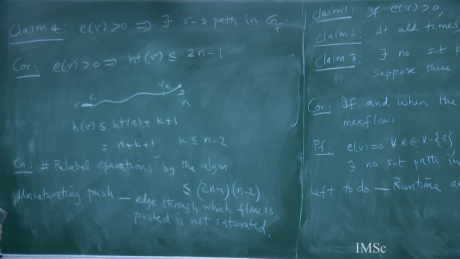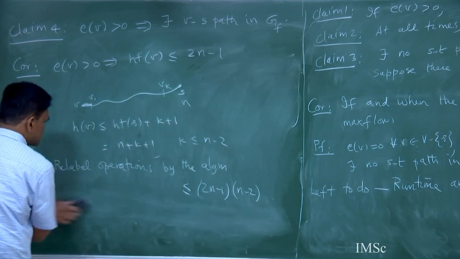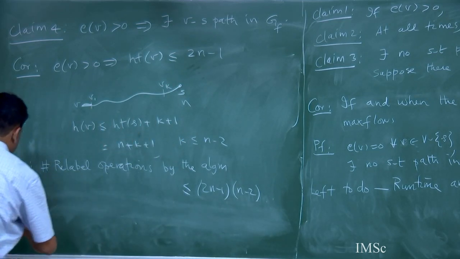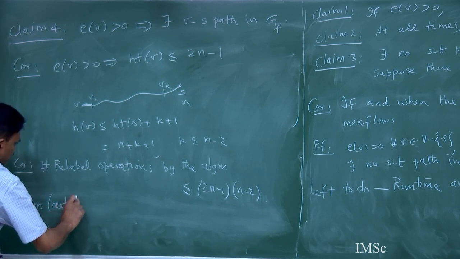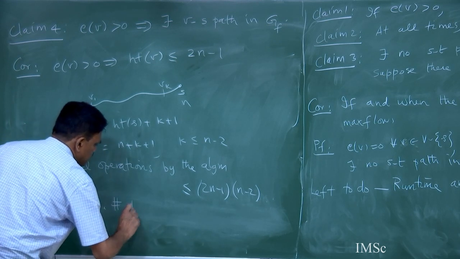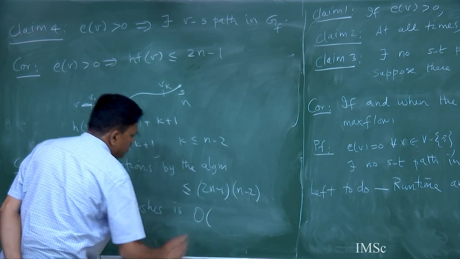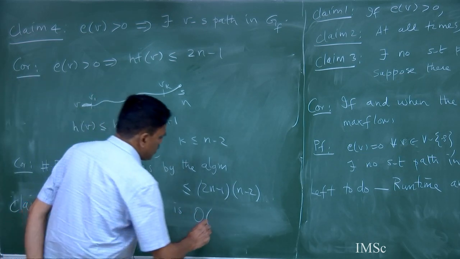So the claim, because I don't think I'll finish in 5-10 minutes, it requires a few more minutes. Let me just claim, next time, the number of pushes is order m n squared.